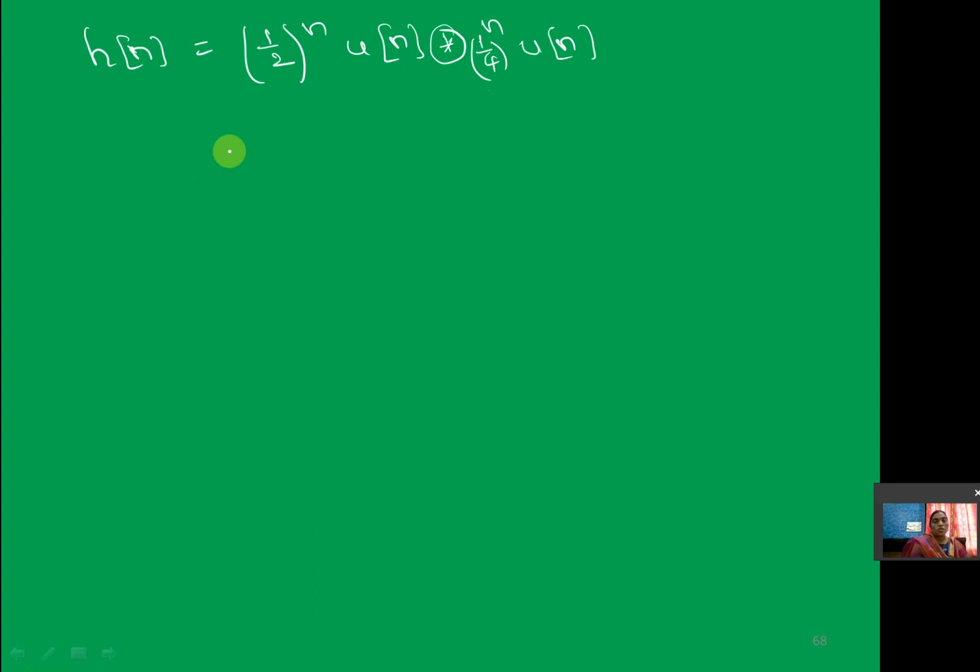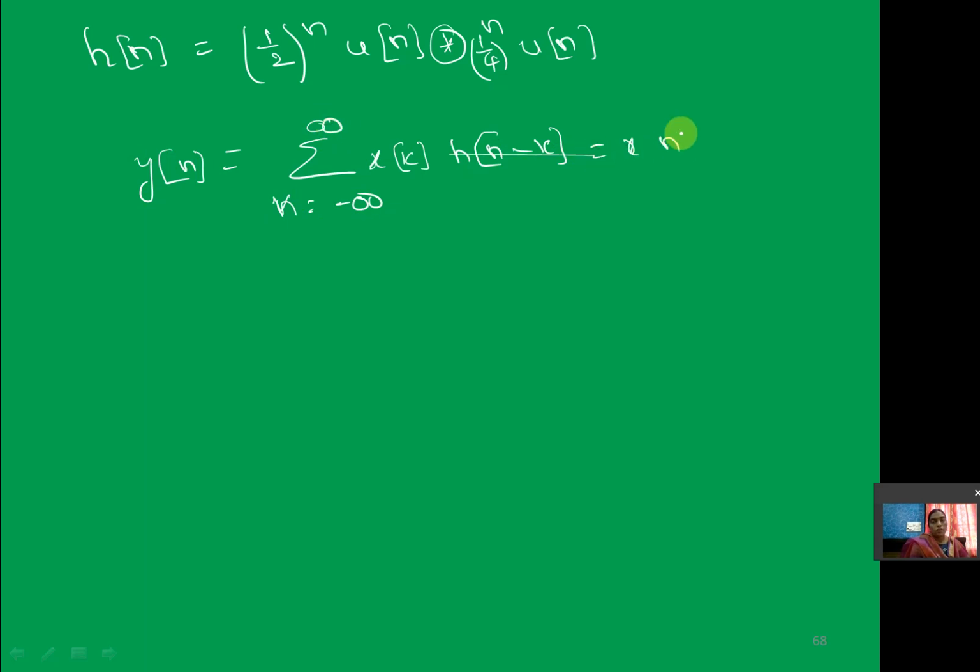What is the convolution definition? y of n is nothing but x of n convolved with h of n, that is summation x of k, h of n minus k, where k is from minus infinity to infinity.